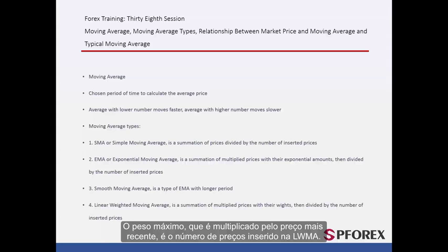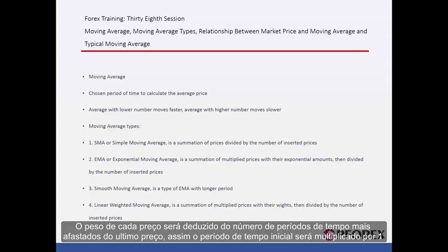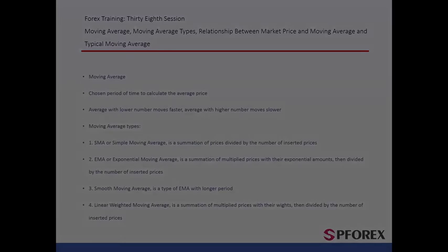The maximum weight, which is multiplied by the most recent price, is the number of prices inserted into the LWMA. Weight of each price will be deducted by the number of time frames away from the latest price, so the earliest time frame will be multiplied by 1.